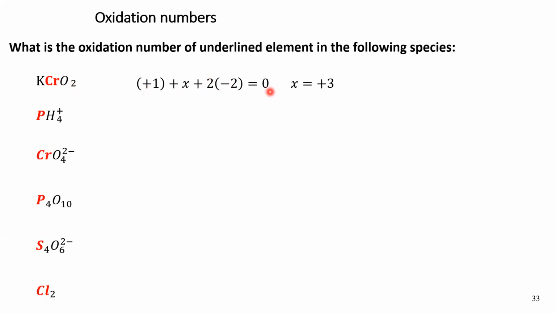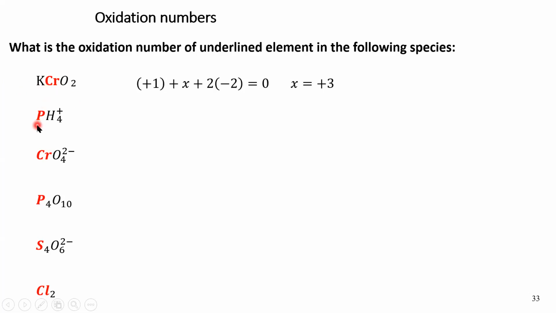It just becomes a little bit of algebra: +1 plus x minus 4 equals 0. We add 4 to both sides and subtract 1 from both sides to get x by itself, x equals +3. So the oxidation number on chromium in this molecule is +3. In other molecules, it might be something different, but in this molecule, it's +3.